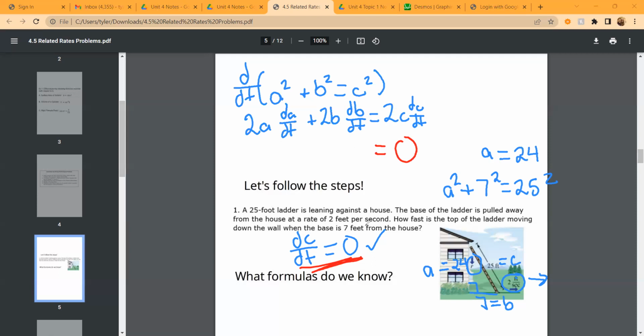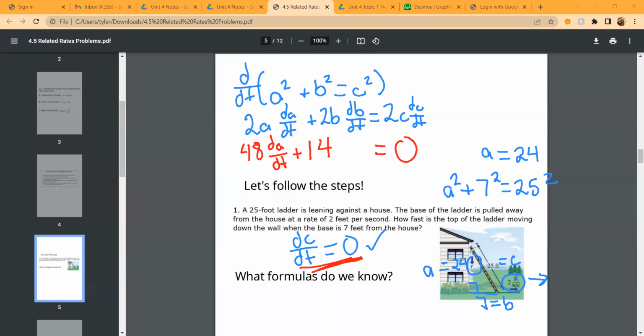If you're like, well, how do I know the ladder's not getting shorter? It would tell you something about the ladder's length and everything like that. We know a is 24, so this becomes 48 dA/dt. And then we know b is 7, so this becomes 14.